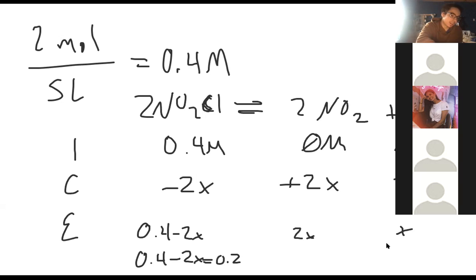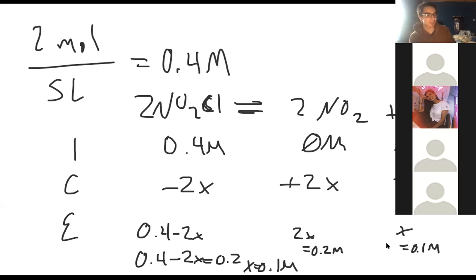So we end up with x being equal to 0.1. After that, we just plug in. Equilibrium for NO2 would be 2x, so this is equal to 0.2 molar. And for our chlorine, it's just x, so this is equal to 0.1 molar.